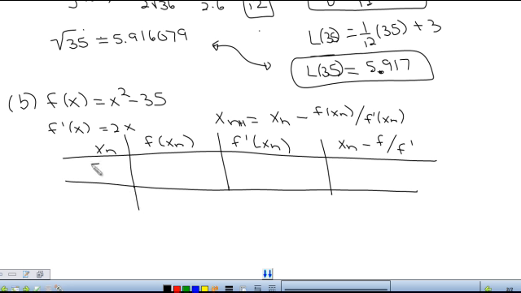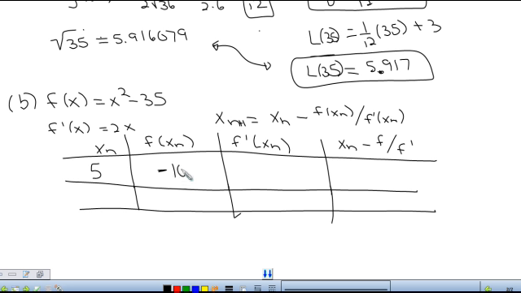So they said to use the first guess of 5, and we're only going to do two of these. So as we substitute 5 in here, we get 5 times 5 is 25, and 25 minus 35 is negative 10. That's using x squared minus 35 here.